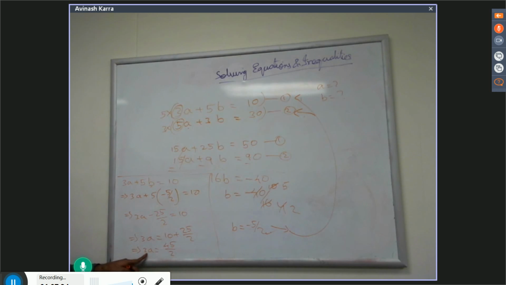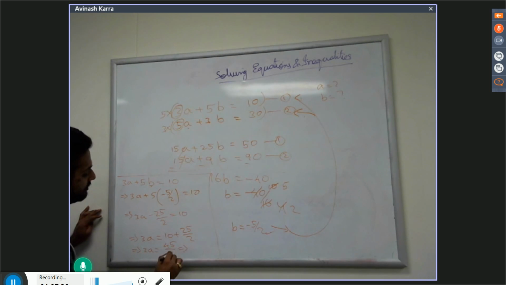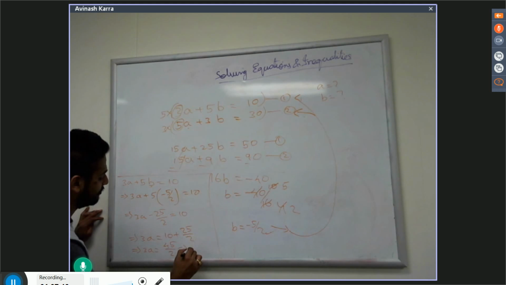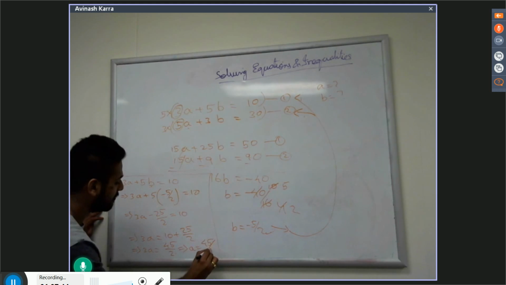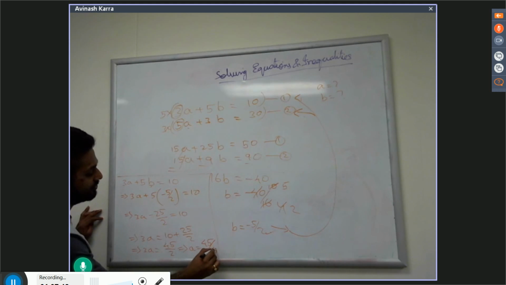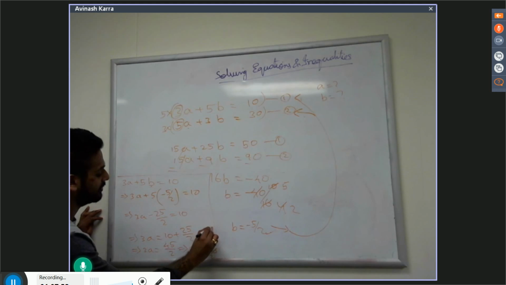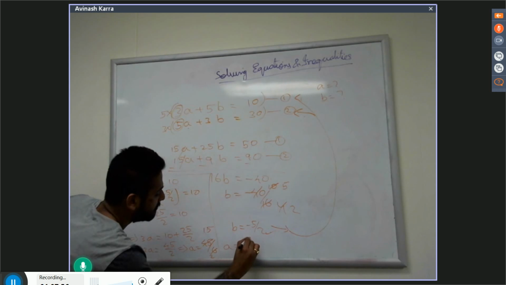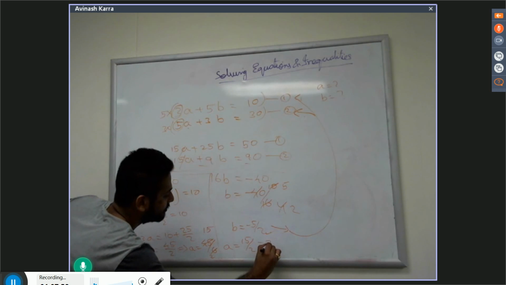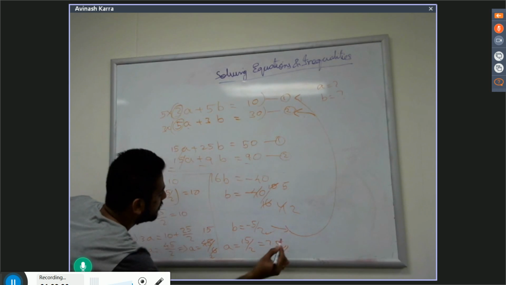So what's 3 doing here? It's multiplying. When it goes to the RHS, it divides. So a is equal to 45 by 3 into 2, 6. 3 2s are 6, 3 15s are 45. So 15 by 2. a is equal to 15 by 2 is equal to 7.5.